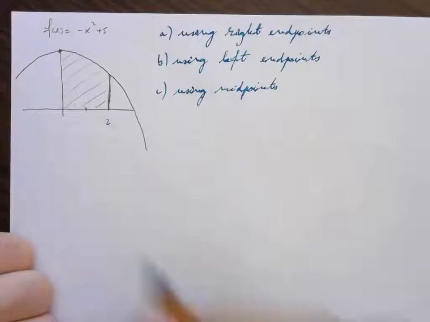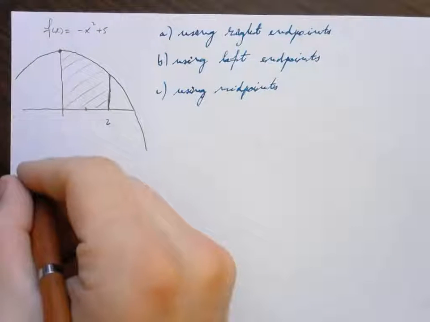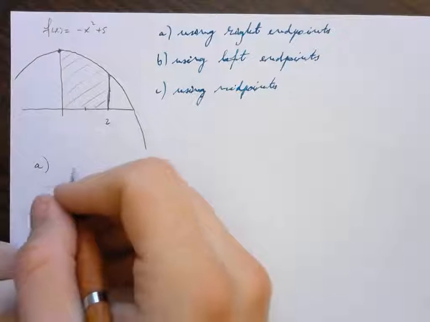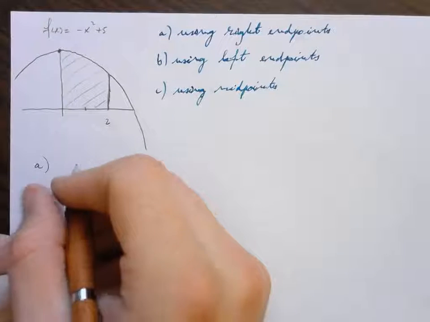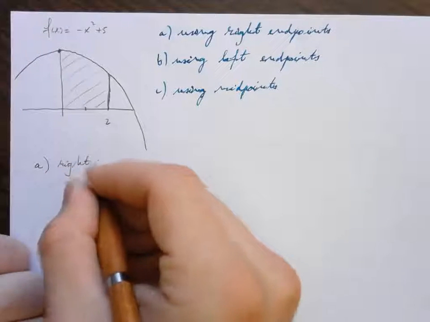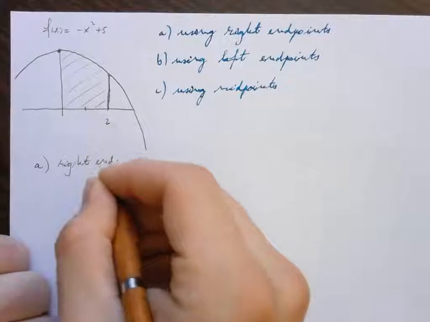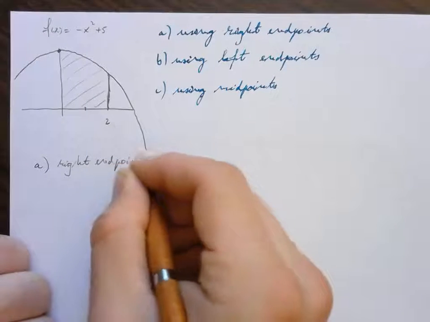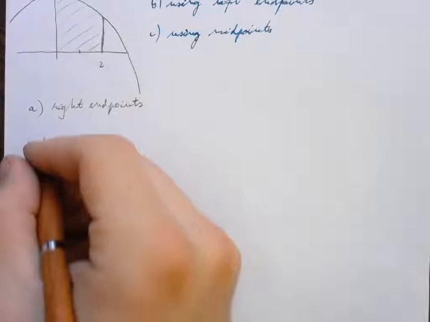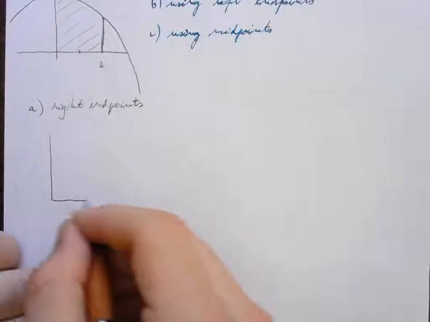So let's go ahead and set up the problem. Here I have part A, so I'm going to use right endpoints. And let me draw the picture of what that's going to look like. So here I have my curve.